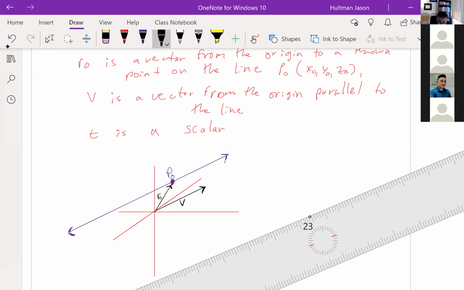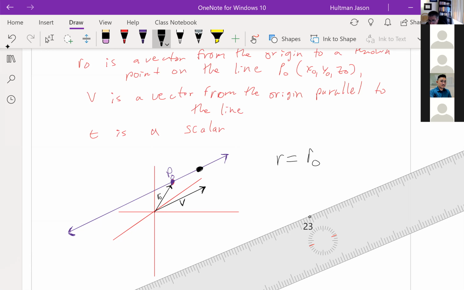Okay. And so if we can get vector V and we can get vector R naught, then we can write the equation R of this line. R is a compilation of R naught, the starting point, and then any other point on this line.